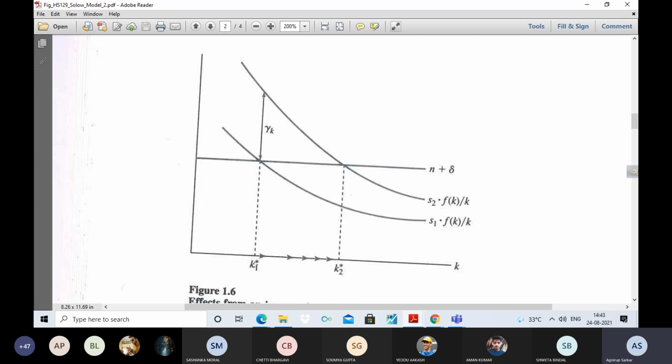exceeds K1 star. Now, how does the economy adjust from K1 star to K2 star?